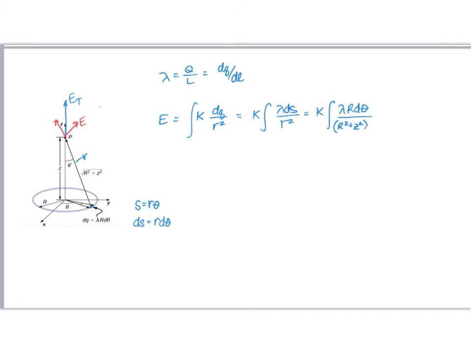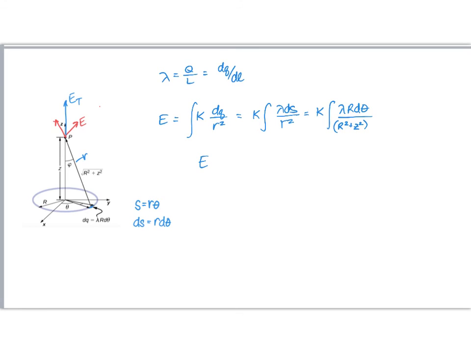So again, think about as I go around, all my electric fields are going to trace out a cone in space, but every electric field that's in one orientation is going to be canceled out by one on the other side. So there aren't going to be any x and y components of our electric field.